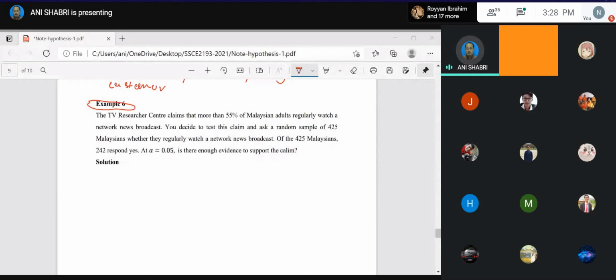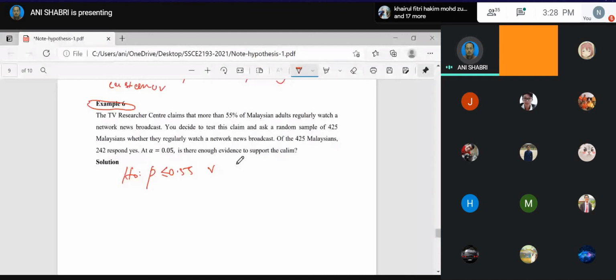Okay, look at the answer. If you see the claim as the null hypothesis, if it is "more than", we must use H0: P less than or equal to 0.55 and H1: P more than 0.55.